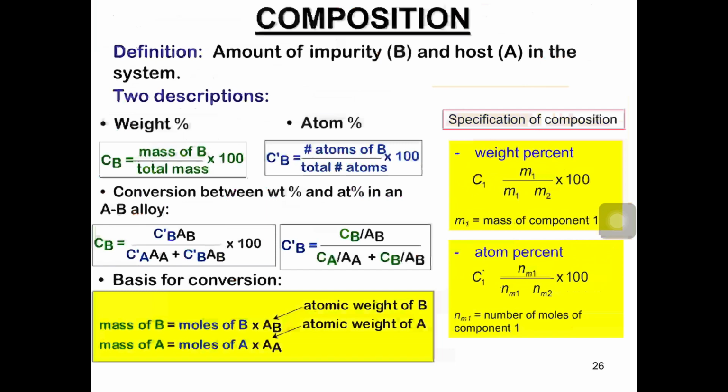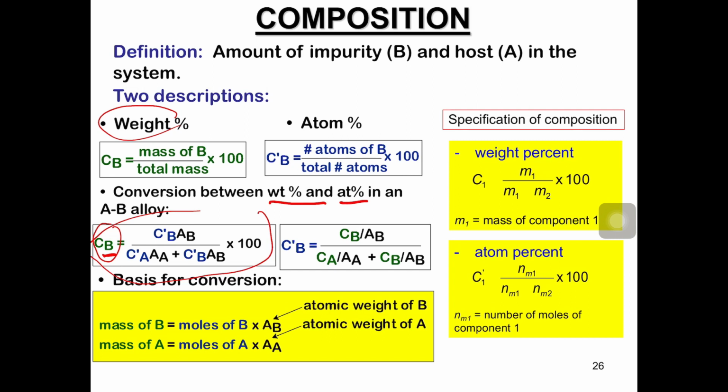Then, the conversion between weight and atom percentage in an AB alloy. You have to find the composition of the impurity B, so you use this formula.